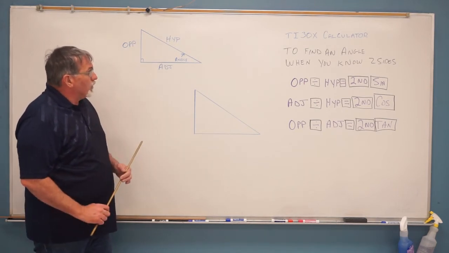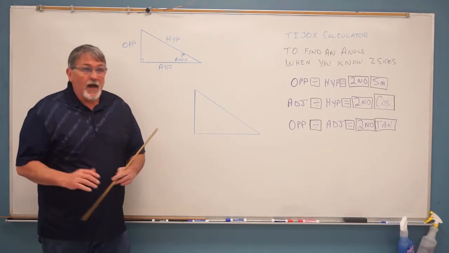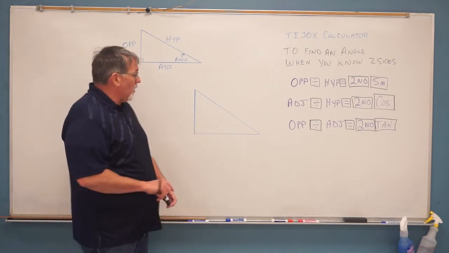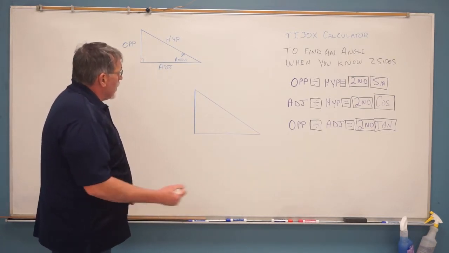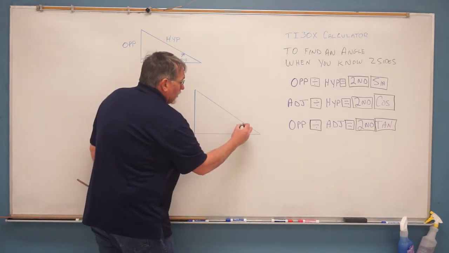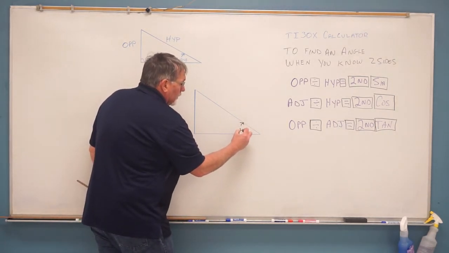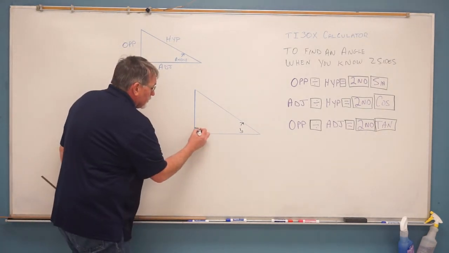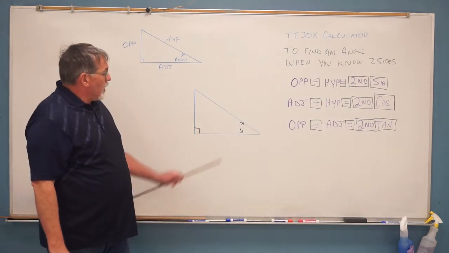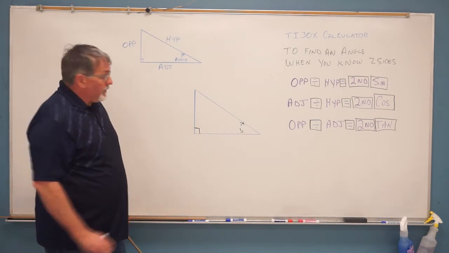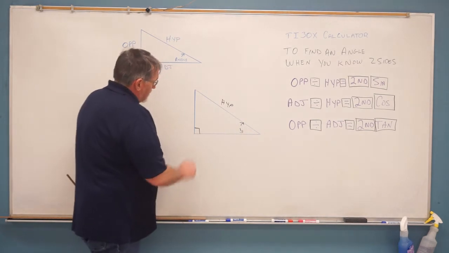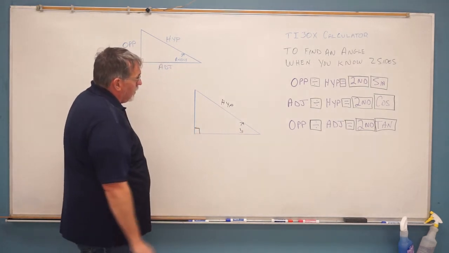The first thing we have to know is which sides and which angle do we want to calculate for. So let's just try one. So let's say we want to know this angle of this right triangle. So which side is our hypotenuse? It's this longest side, the side across from here.